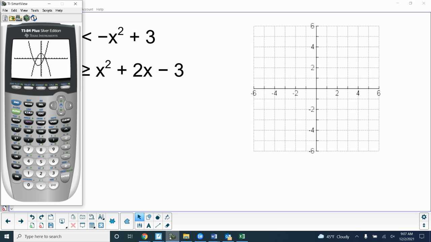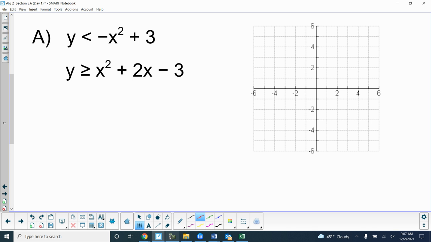Okay. So I'll do a quick sketch. The one that opens up, is it solid or dashed? I'll just do a quick sketch because we're running out of time.